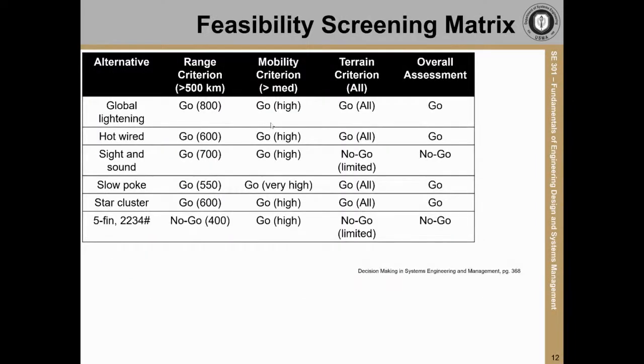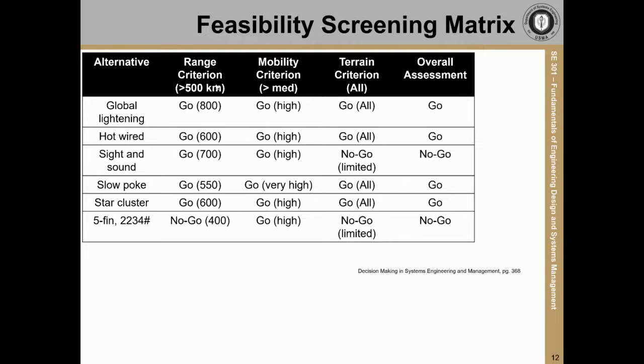All right, so this is an example taken from page 368 of the book, looking at different rocket alternatives. This is what's called a feasibility screening matrix. Each row in a feasibility screening matrix is given for a design alternative that comes out of Zwicky's morphological box. And here we can see that there are three criteria that we're using for feasibility screening.